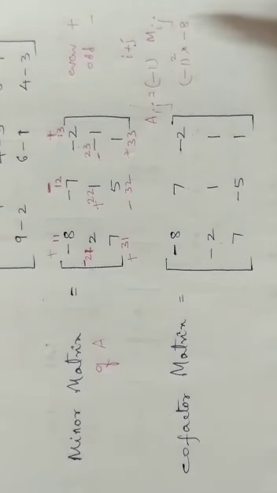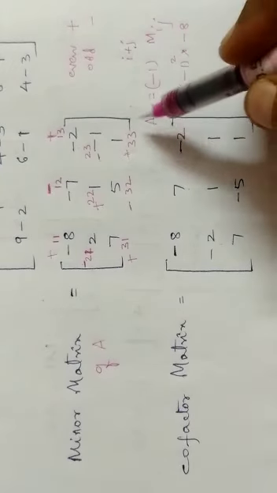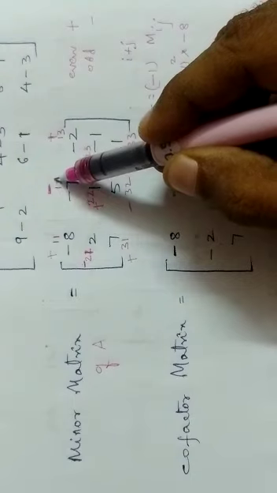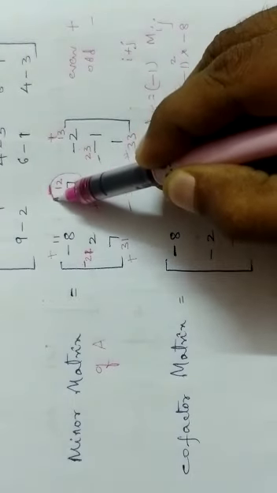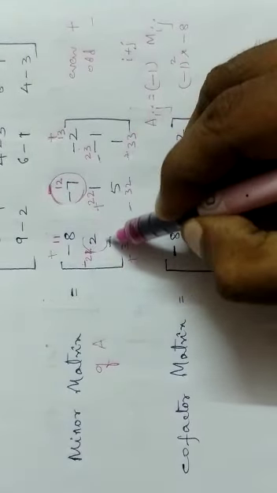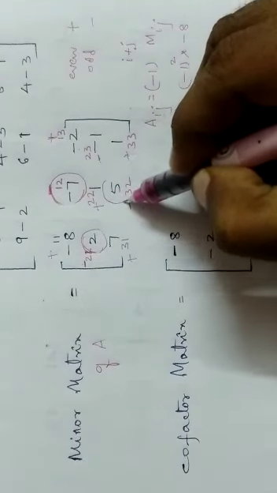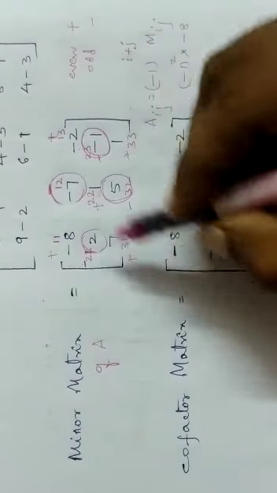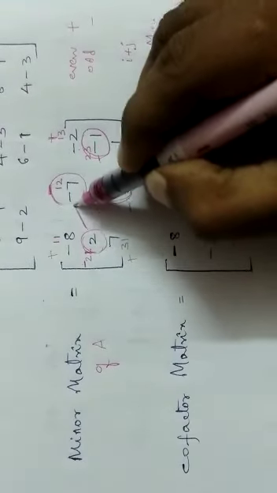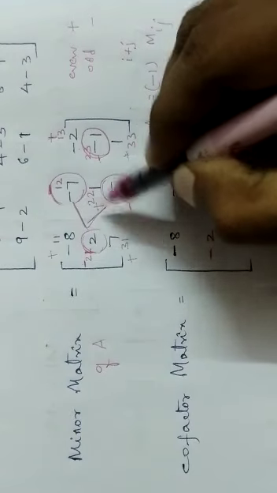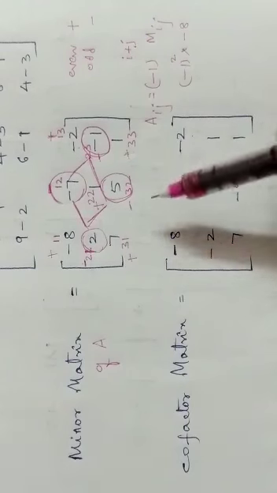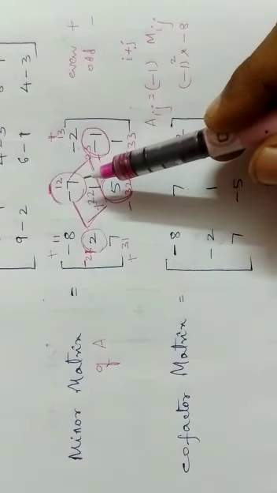Even much better way we can follow. See here. If you observe, only these four elements, diamond shape elements, only these diamond shaped elements will change their sign.